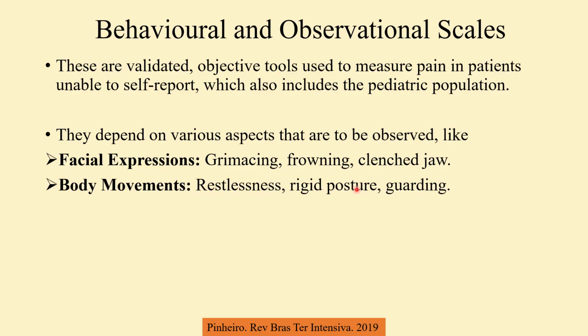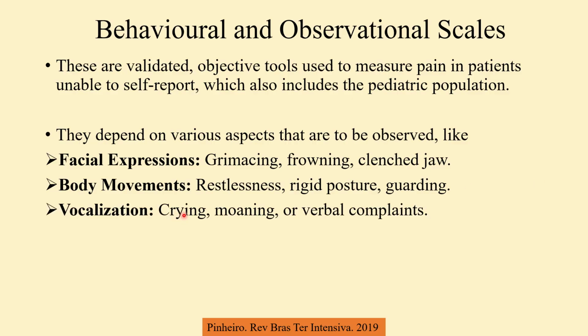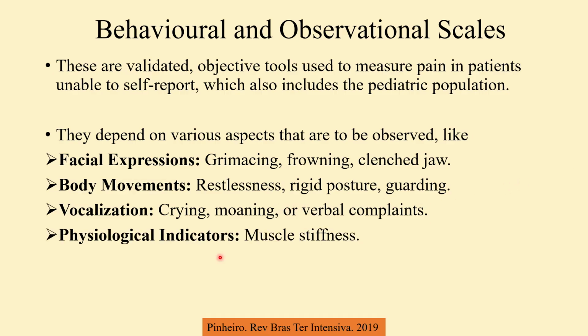Then you look at the body movements, which is basically restlessness, rigid posture, guarding, etc. Then you look at the vocalization, whether there's crying, moaning, verbal complaints, some sounds that they are making, and physiological indicators, which can be like muscle stiffness. They are making their muscles very stiff so that you don't do the movements or something like that. Those are all behavioral and observational scales, and they are basically what you observe.